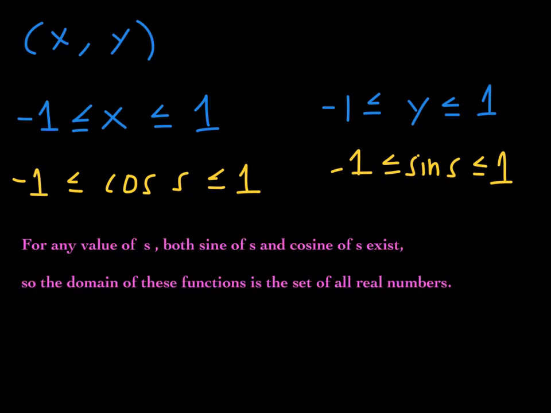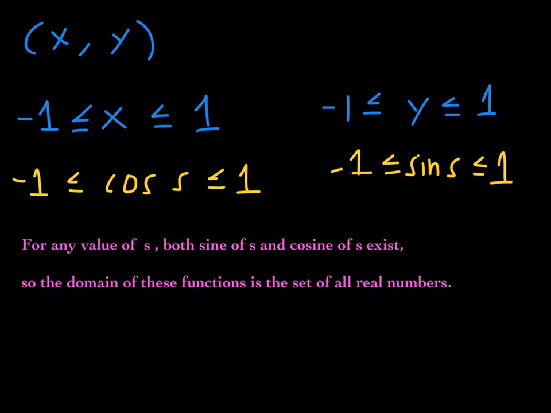Now, what's really interesting here is no matter what you plug in for s, both cosine of s and sine of s exist. They're both defined for whatever you plug in for s. So the domain of these functions is the set of all real numbers, because no matter what you plug in for s, sine of s and cosine of s exist.